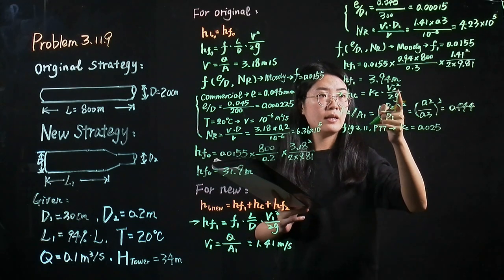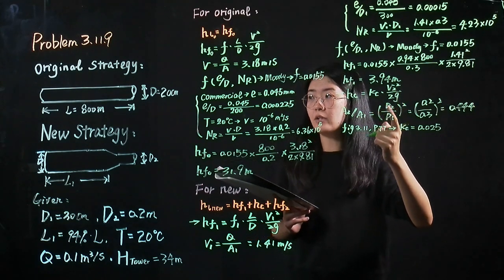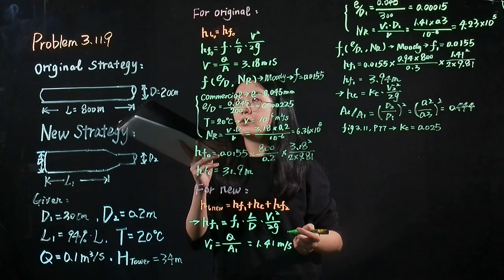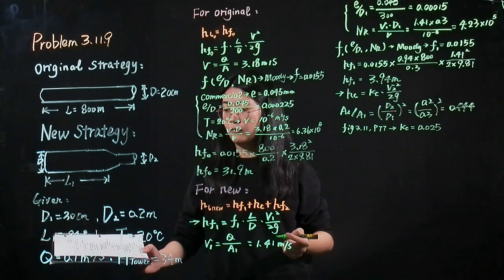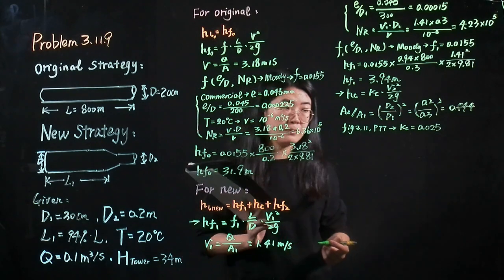The velocity V2 is equal to the velocity in the original pipe, because the flow rate and also the diameter keep the same.